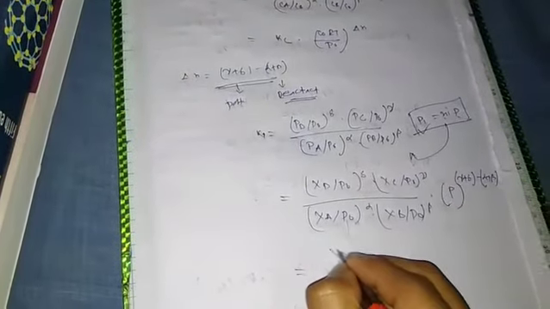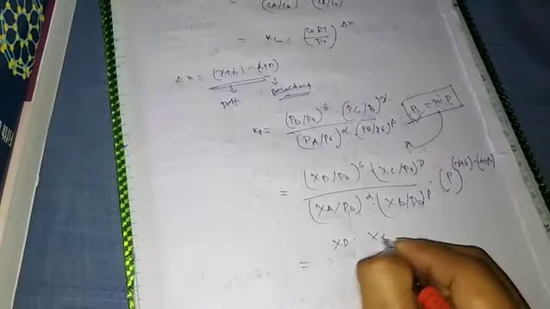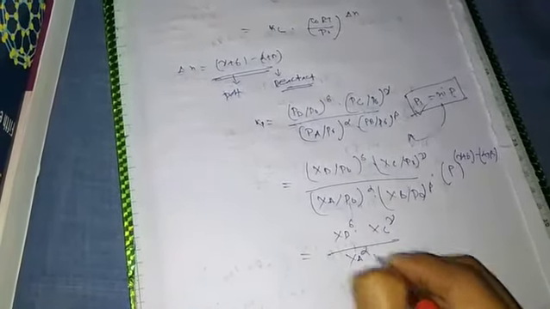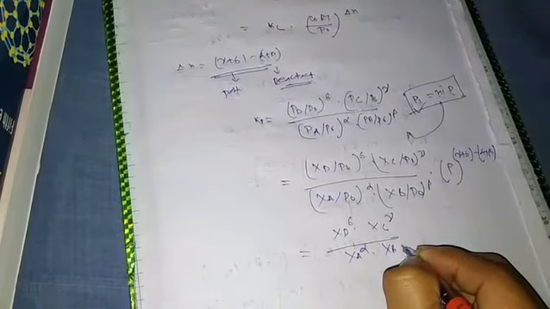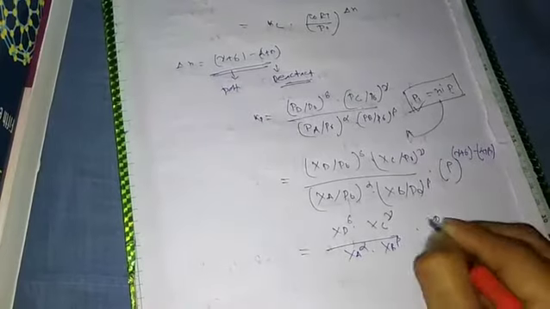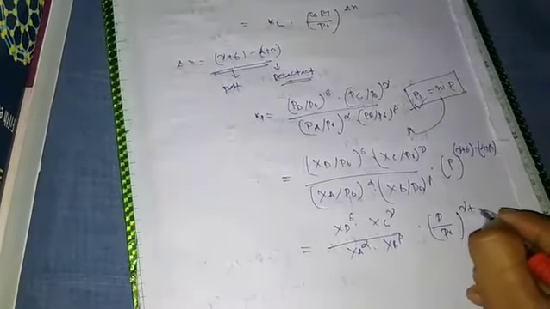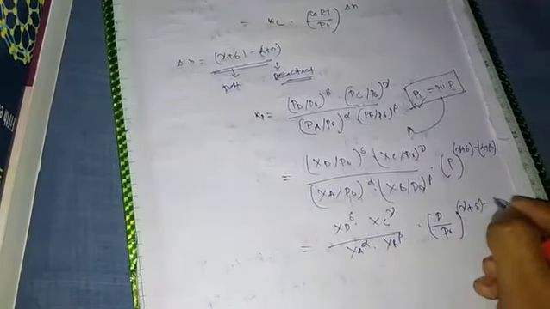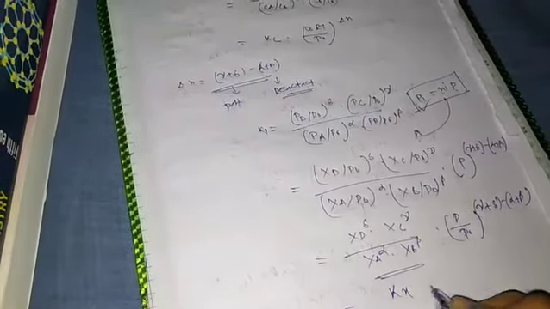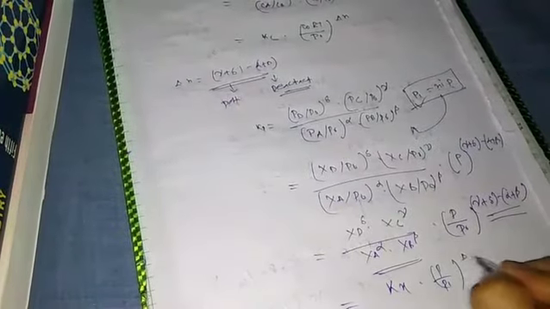So it equals Xd delta into Xc gamma divided by Xa alpha Xb beta into (P by P0) whole to the power gamma plus delta minus alpha plus beta, and this term is known as Kx into (P by P0) to the power delta n.